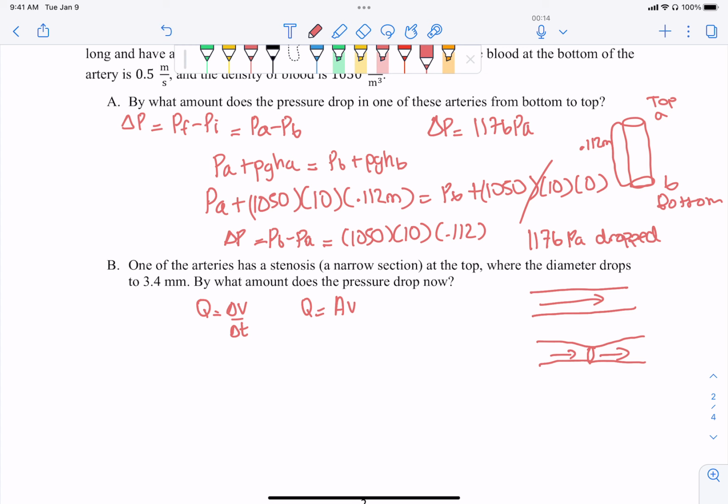Now, we know before, though, that, well, okay, area is getting smaller, so what? Does the flow change if area gets smaller? Would it?